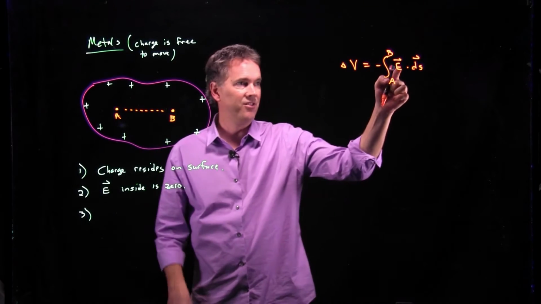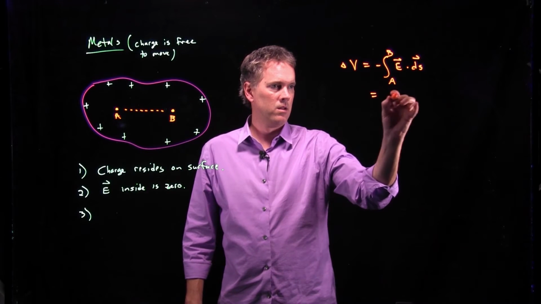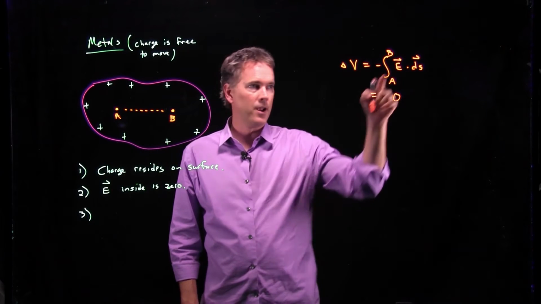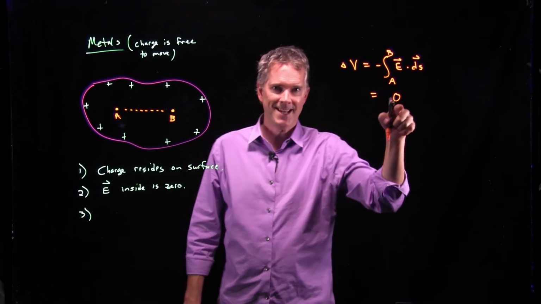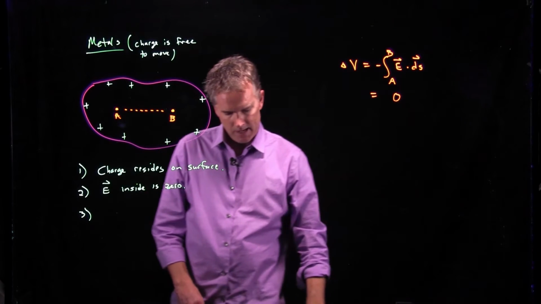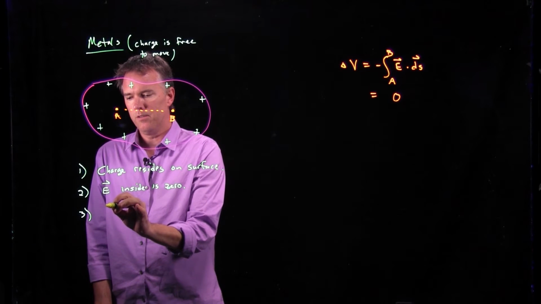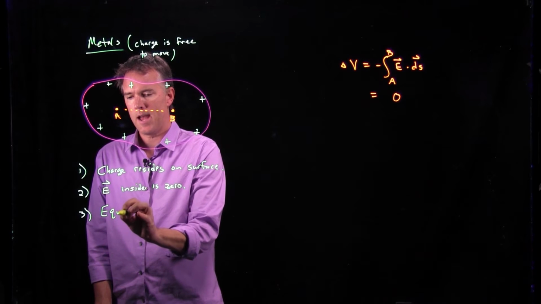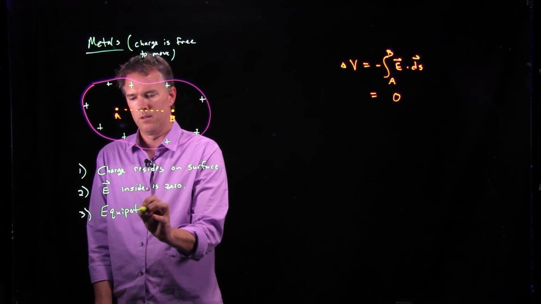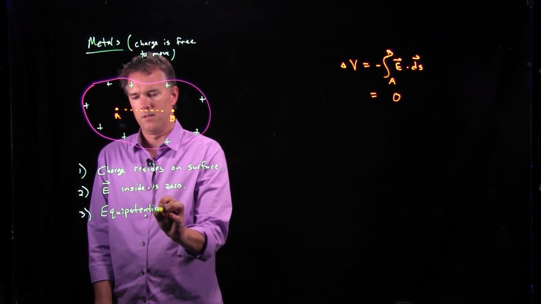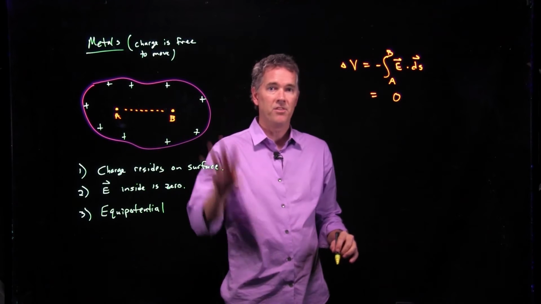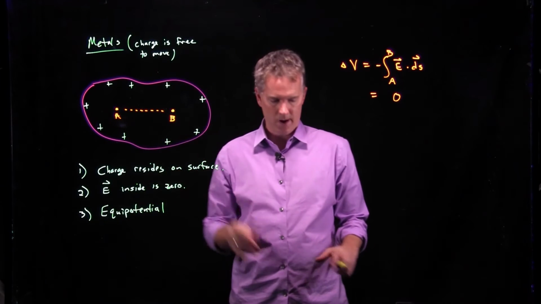But it's zero. The electric field in there is zero, and so the potential difference is zero. And so this is rule number 3 about conductors. They are equipotentials. They have the same potential everywhere.